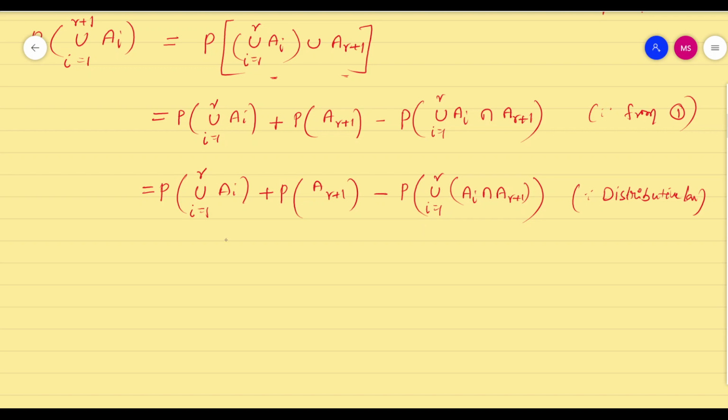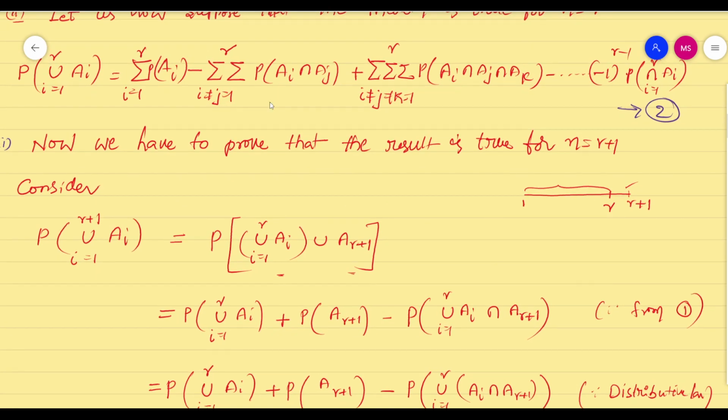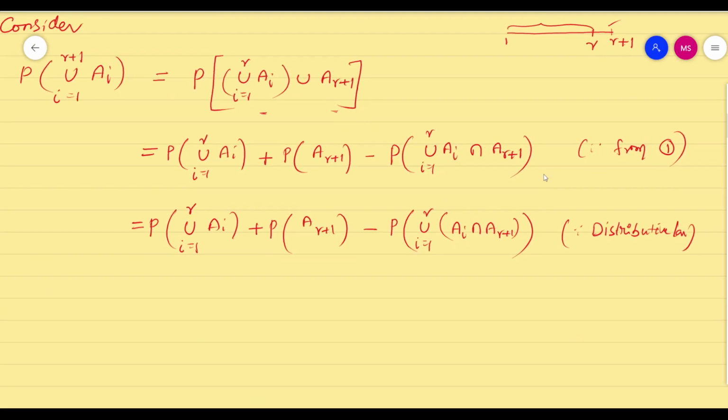Okay, so now observe the first term, that is p of union i is equal to 1 to r ai, from equation 2 in this theorem. Equation 2 indicates the expression for p of union i running from 1 to r ai. So now I'm writing this expression in place of the first term.